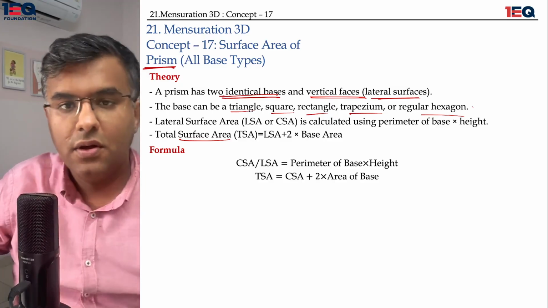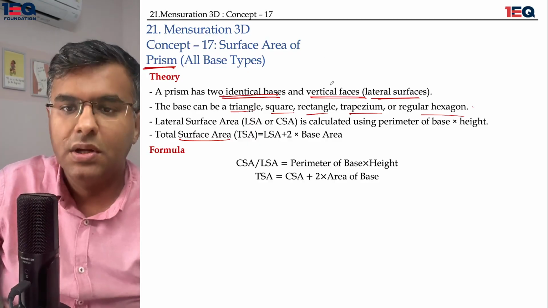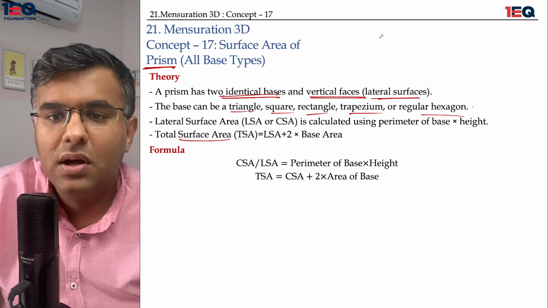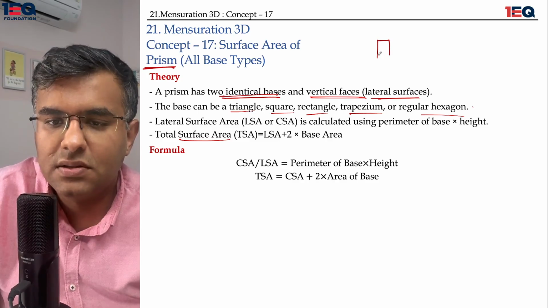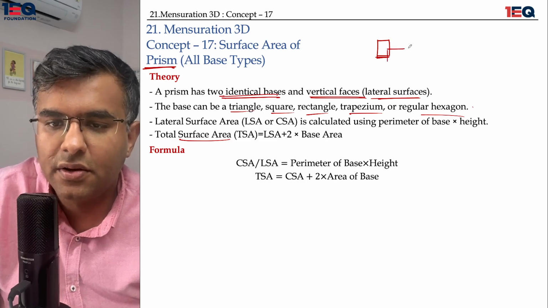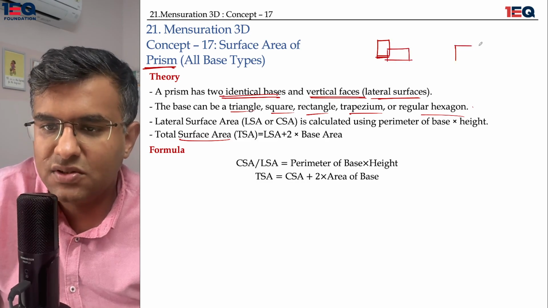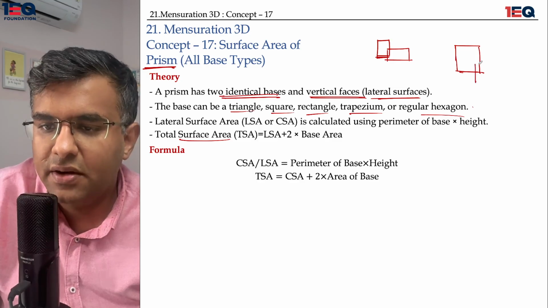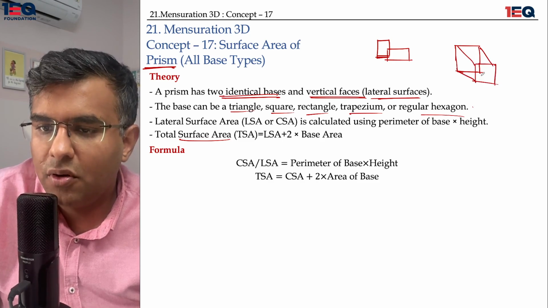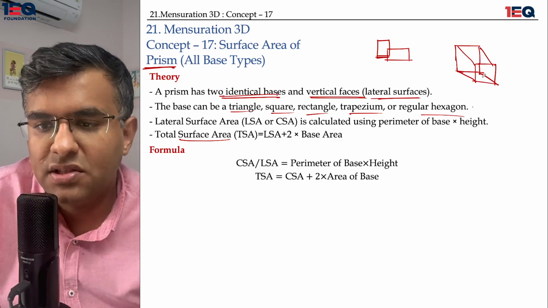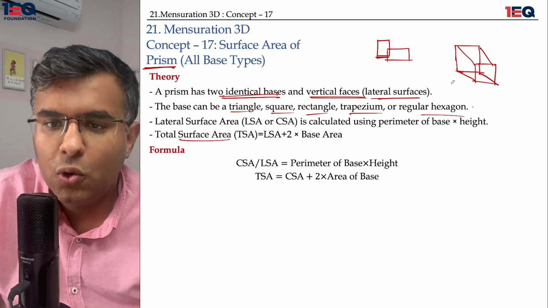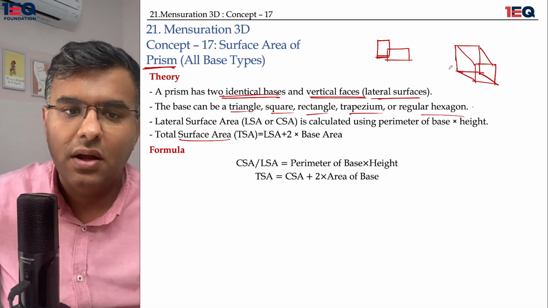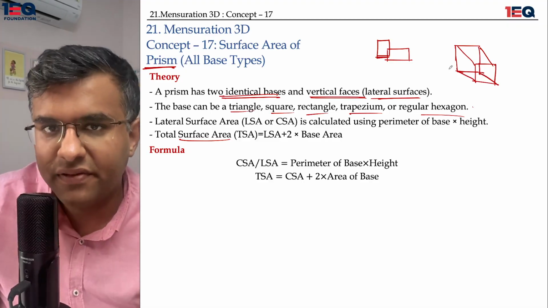So yes, we've been talking about the prism. You can consider this a square. If I extend it till here and add a depth or a height to it, that is when it becomes a prism. So any 2D figure which is given a height and extends itself into creating a 3D figure is called a prism.